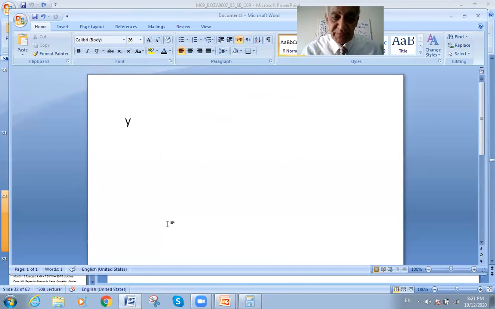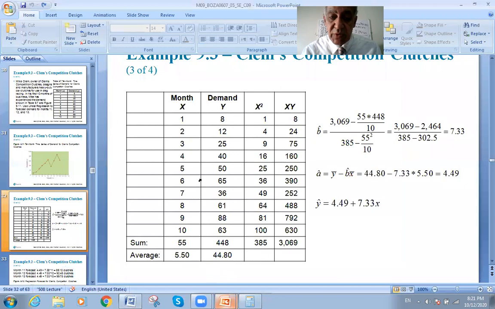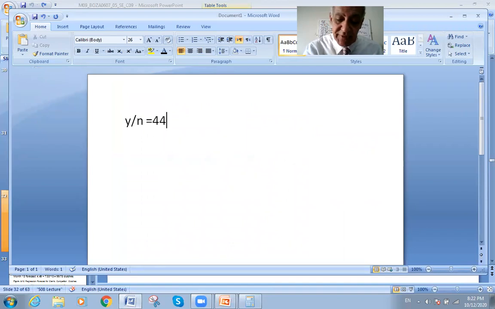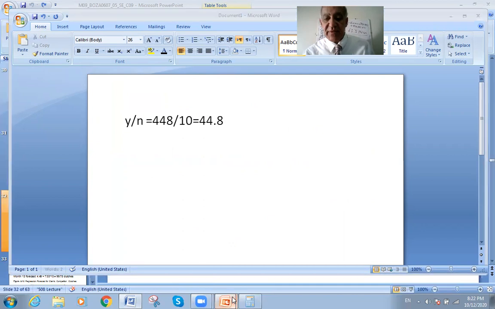Y dash equals summation y divided by the number n. Summation y is 448, and the series n is 10 months from 1 to 10. So 448 divided by 10 equals 44.8, and this is the average.